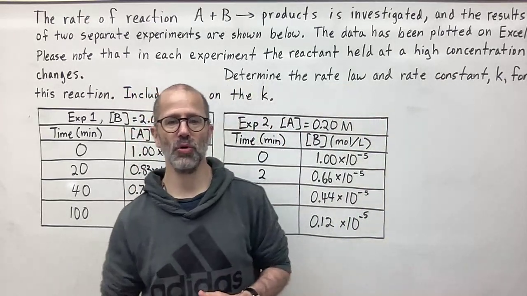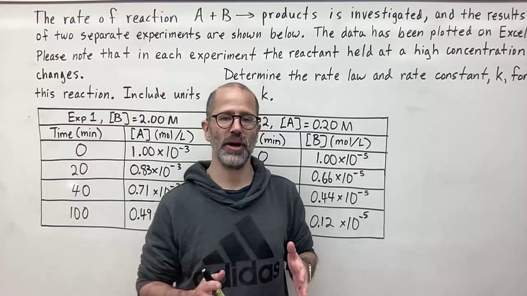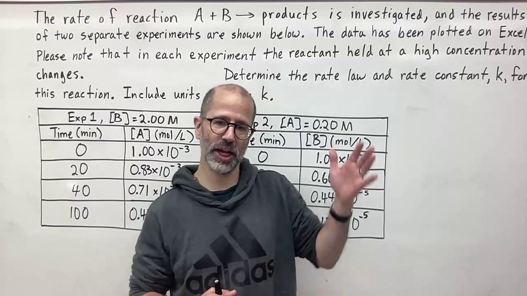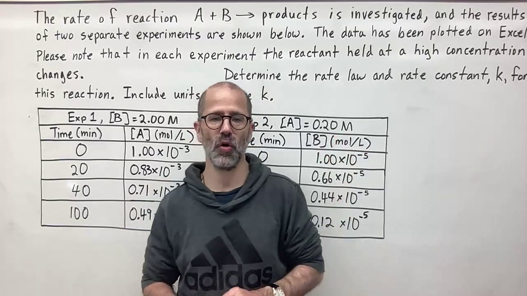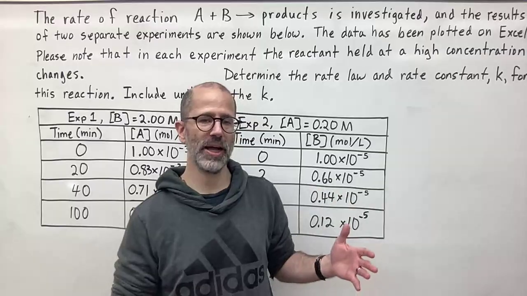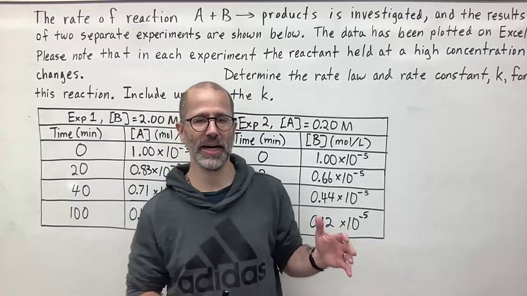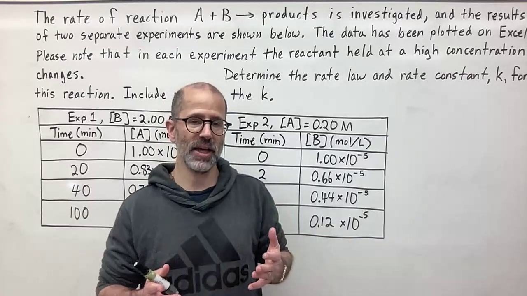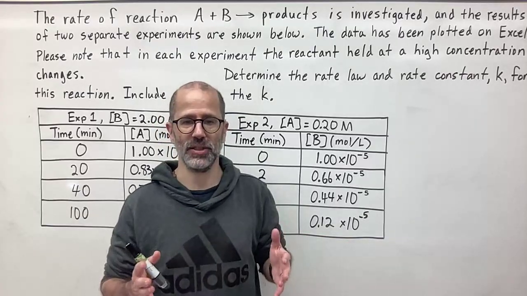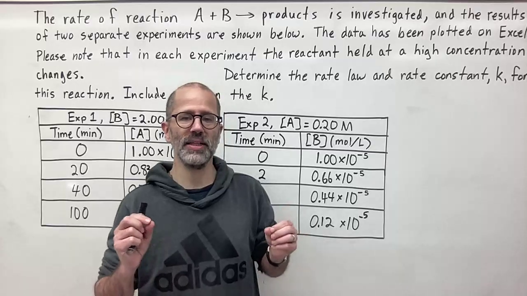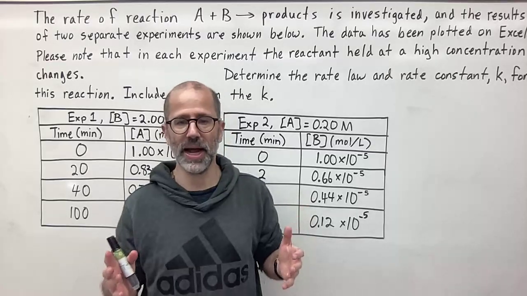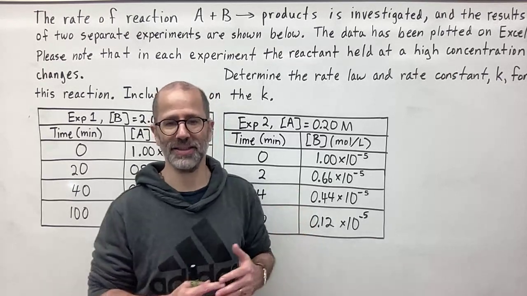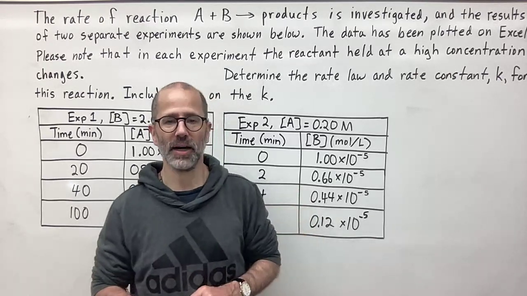That is when you are running an experiment where one reactant's concentration is changing over time, but the other reactant you're keeping at a very high concentration relative to the one you're looking at, such that it's basically constant over time. It is going to be decreasing a little bit because it is a reactant, but the concentration is so large compared to the other reactant that it's effectively constant.